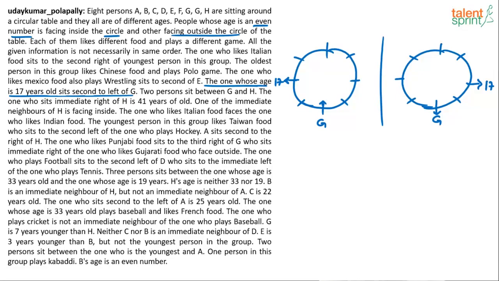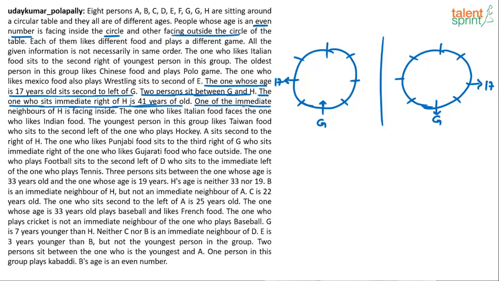Now, what else do we know? Two persons sit between G and H. The one who sits immediate right of H is 41 years old.